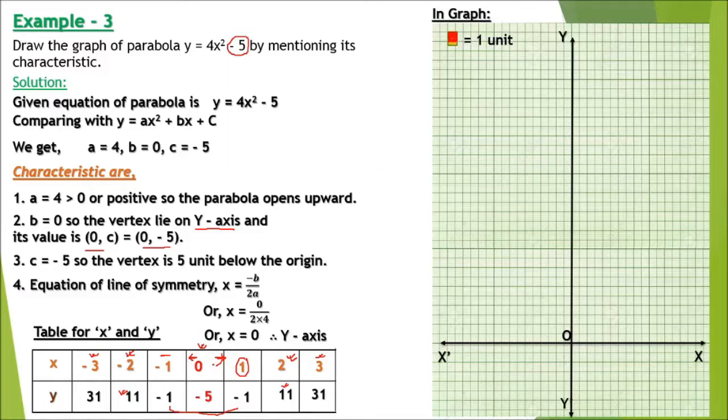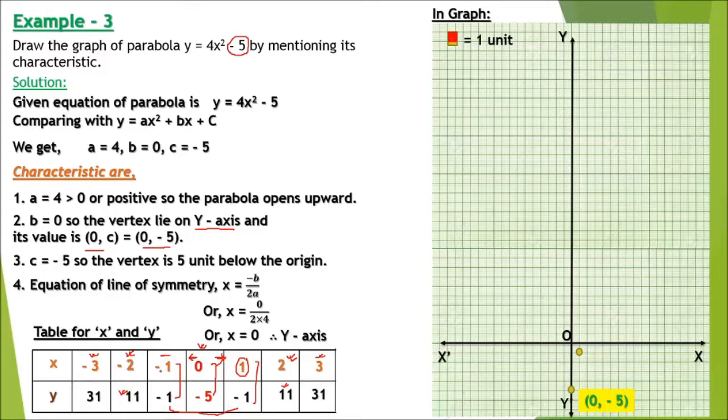First we start with the vertex (0, -5), exactly there, the yellow dot you can see. Next (1, -1), next (-1, -1). Okay, we have marked the vertex (0, -1).